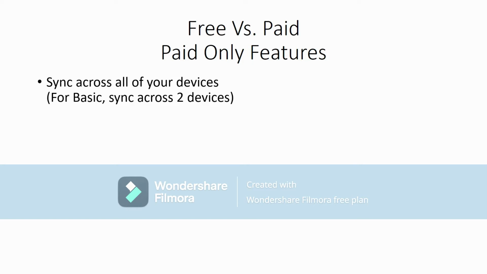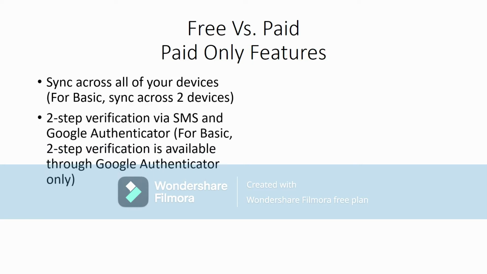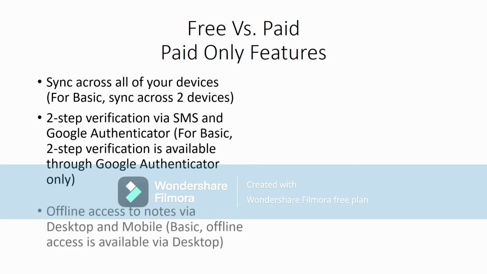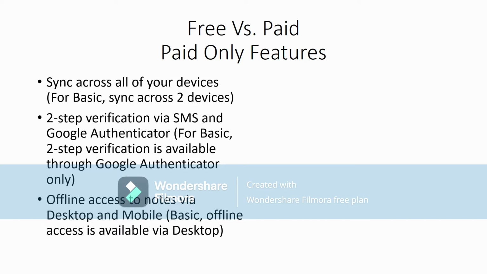So if you're going to be using your browser for Evernote, you will not be charged as if that were a device. You're going to have 2 levels of security to your data. You'll also have offline access to your content on desktop and mobile. Now again, if you're only going to be using the free version, you'll only have access to that content through the desktop.